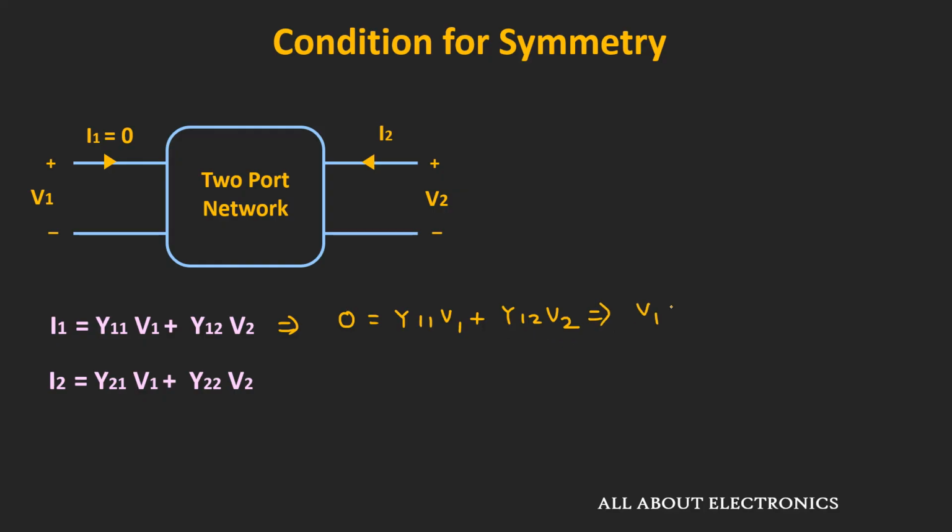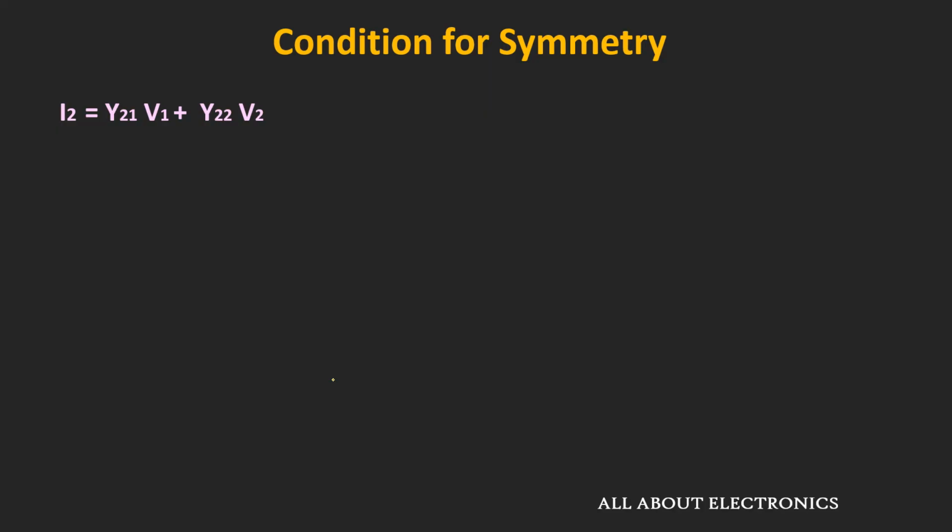That means V1 is equal to minus Y12 divided by Y11 times V2. And if we put the value of V1 in the second expression, then current I2 is equal to Y21 times minus Y12 divided by Y11 times V2 plus Y22 times V2.